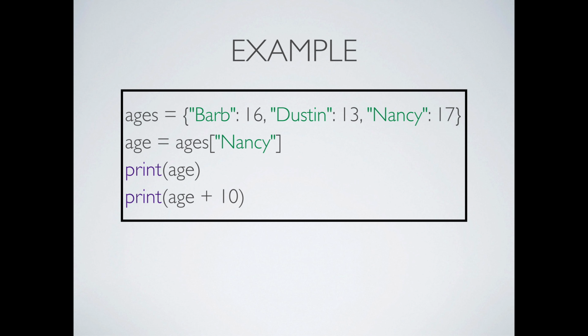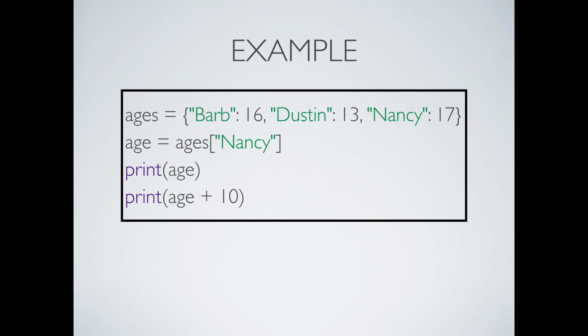Alright, so here's an example. This first line is an assignment statement. This is the same example dictionary we saw a couple slides ago. And then I say, okay, make a new variable called age. On the right-hand side, the value that we're going to put into age, we look up in the dictionary named ages: what is at Nancy?